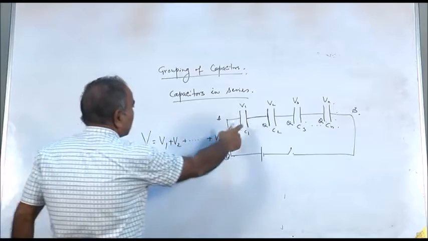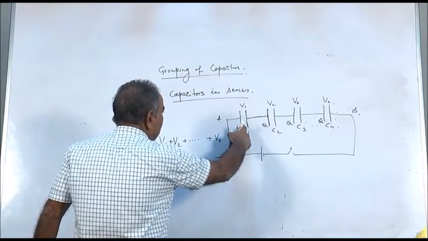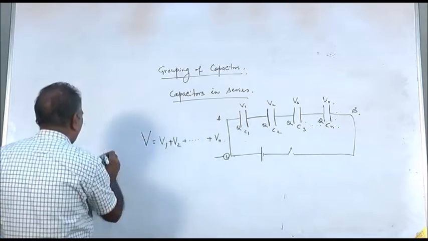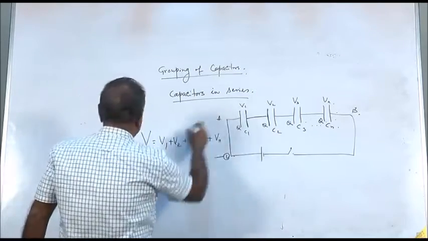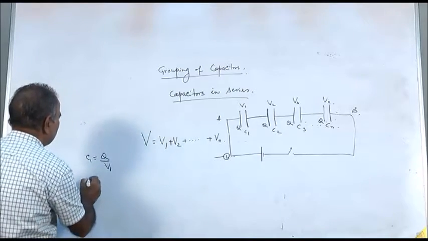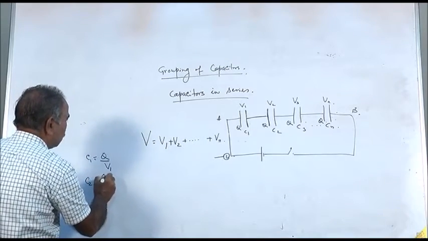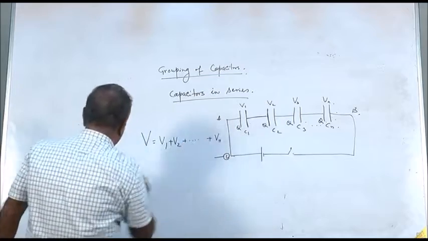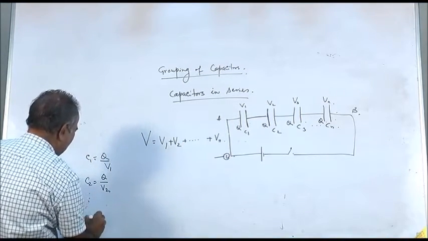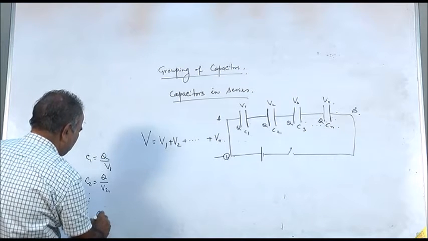We know the capacity of the first capacitor is charge by potential. C1 is Q divided by V1. Similarly, C2 is Q divided by V2, and similarly Cn is Q divided by Vn.